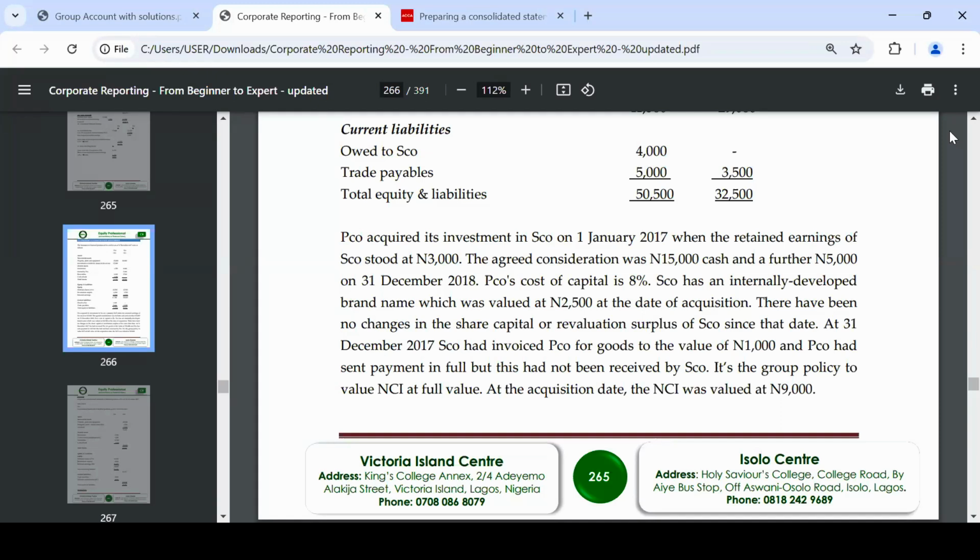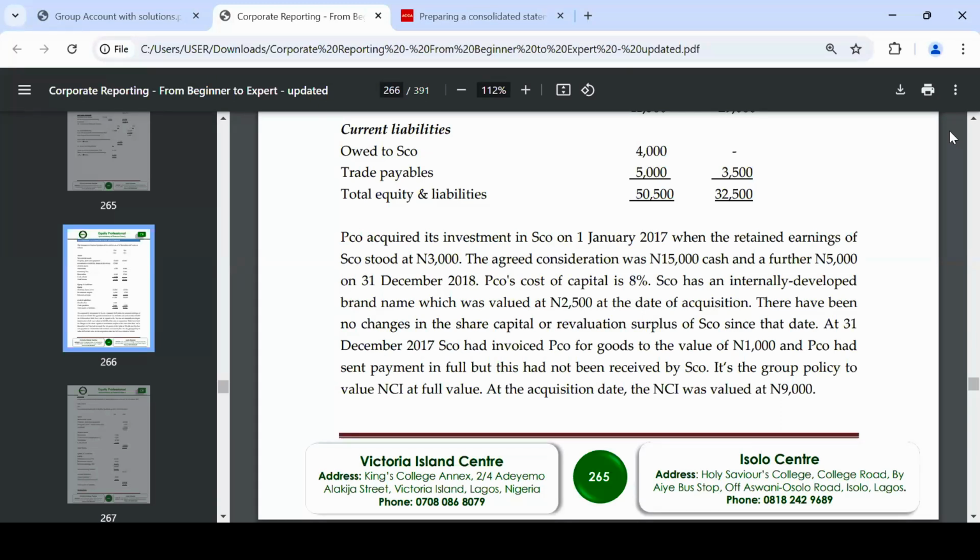Now, if ESCO at the point of acquisition, at the date of acquisition, you are not seeing the brand name in their books, right?